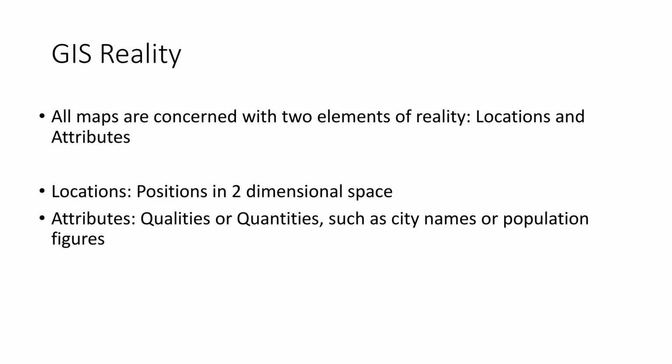So each location information that we have also has a respective attribute information with it too, right? Because we want to create a map displaying some sort of information apart from just location. So that information is called an attribute, and it can be either qualitative or quantitative. That information could either be a city name, it could be population, or it could be the color of a mailbox, right?